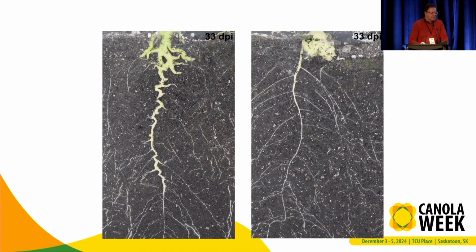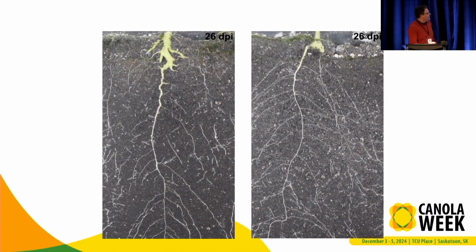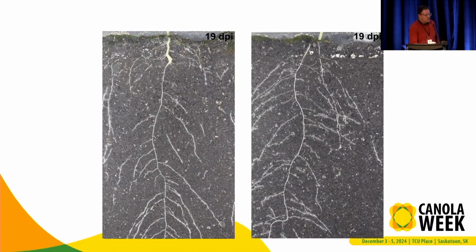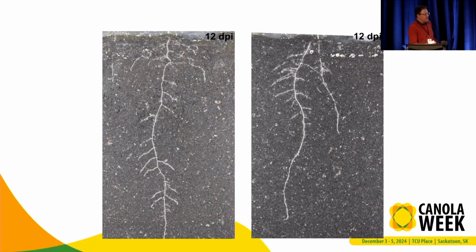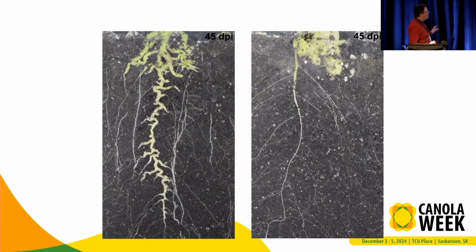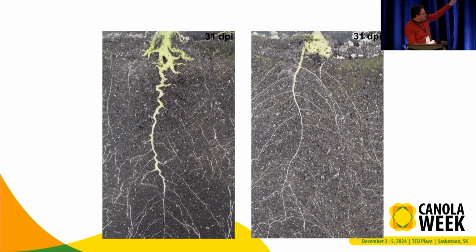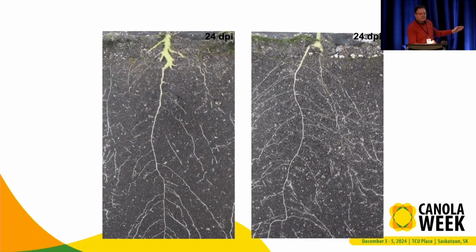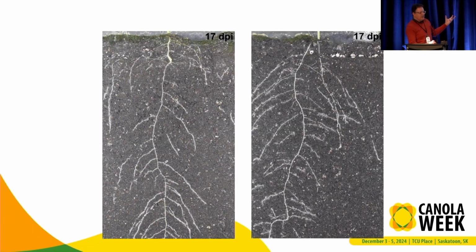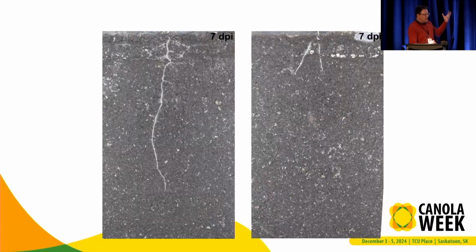These are some images and time lapse we created in our lab to highlight the differences in development. On the left-hand side, we had a combination where the clubroot attacks the entire root system, including the taproot, and the whole root system becomes galled.